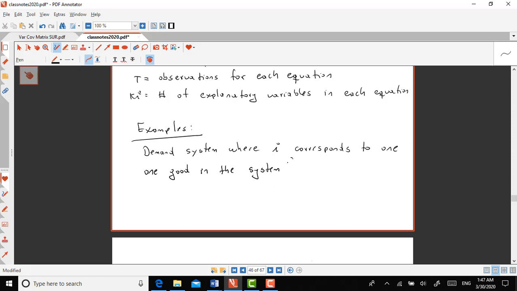For example, I've estimated demand systems where the first good was food, we also have medical care, we have housing, and other types of goods and services. That's a typical example.